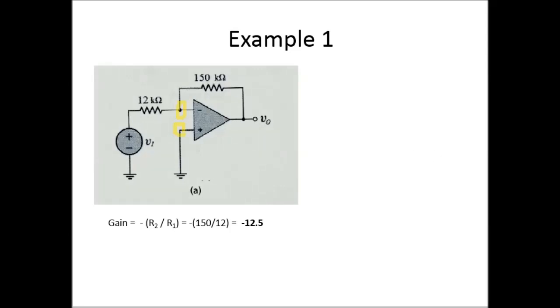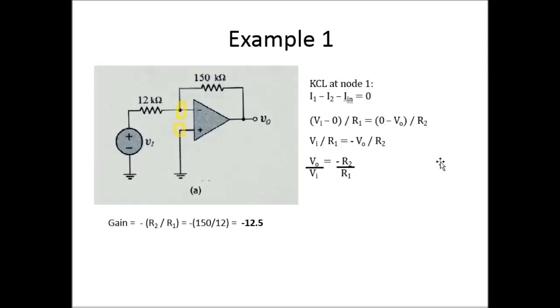Let's say I want to do the derivation work. I define I1 here, and then I2 is this current and I in is this current. We know that this is 0.